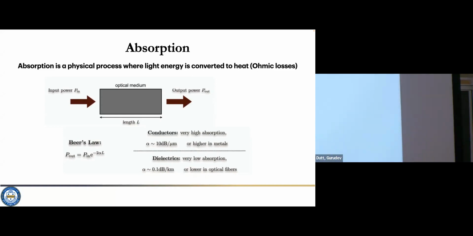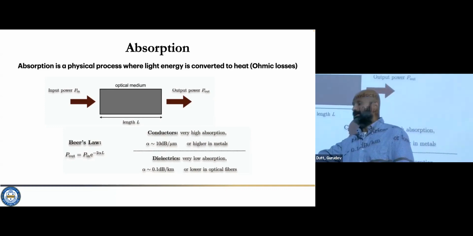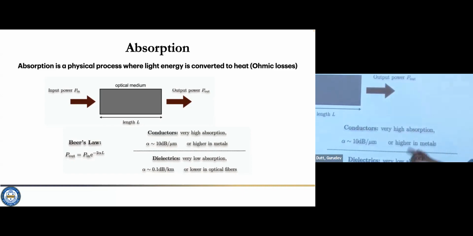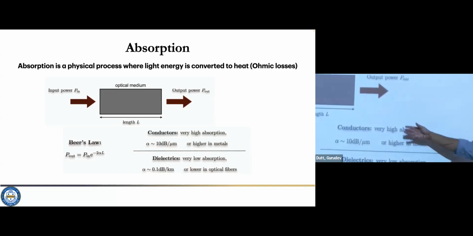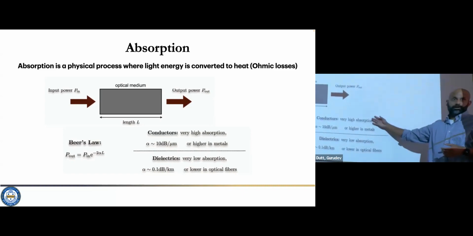So this gave rise to something called Beer's law, which was first discovered experimentally, that the output power is equal to the input power times e to the minus 2 alpha L, and alpha is called the absorption coefficient.